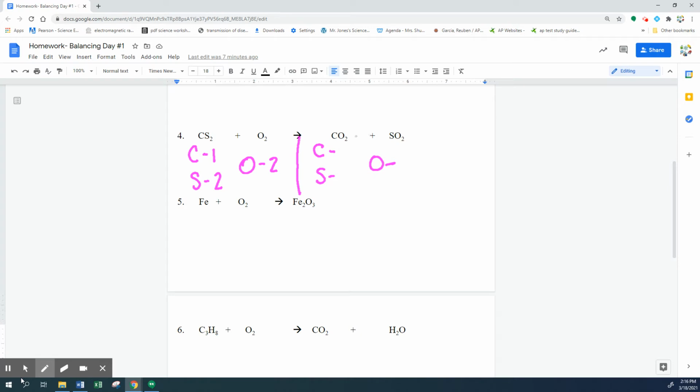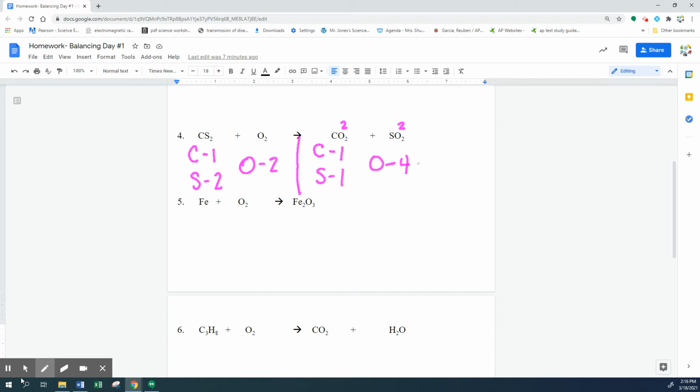On my product side, I have 1 carbon, 1 sulfur, and for my oxygens, I need to add these together. So this is 2, and this is 2. So I have a total of 4. Okay? Our carbons match, our sulfurs match, our oxygens do not.